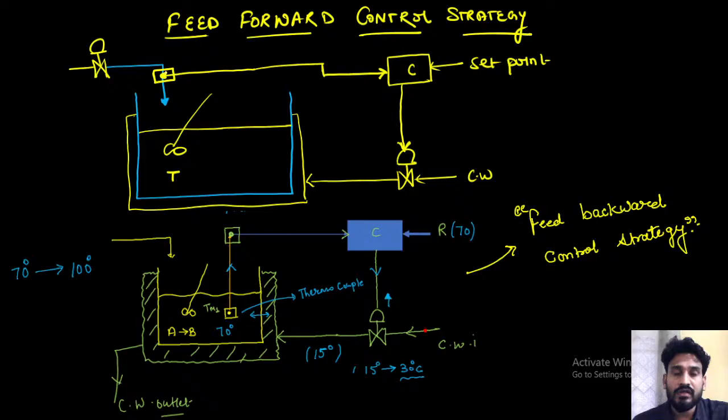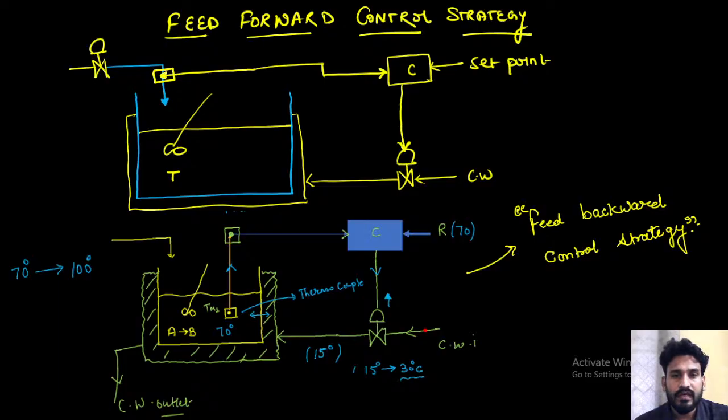So in the feed forward control strategy, that deviation is captured through the input stream, and accordingly the controller takes action so that the disturbance cannot disturb my process. It is captured from the input stream only, and beforehand my controller already took the action and my process stays at the steady state. So the steady state is not disturbed at all, unlike the feedback strategy.